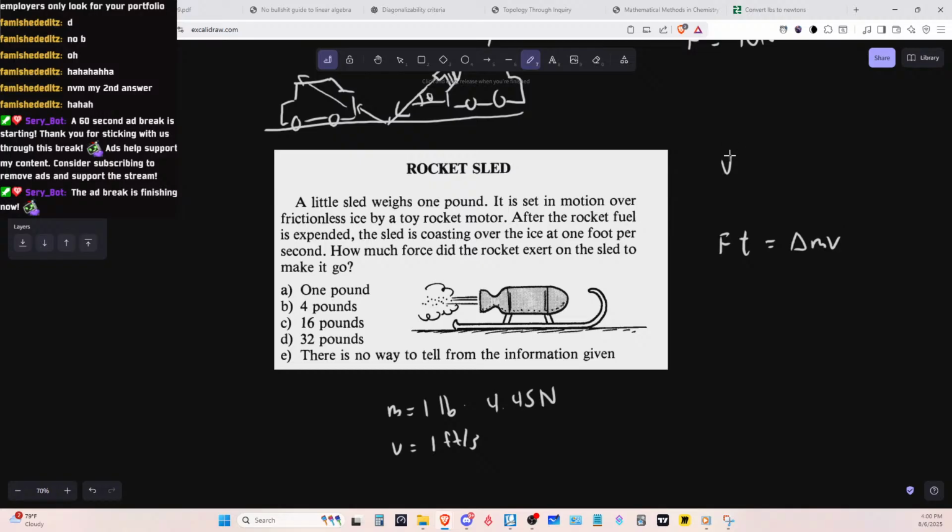What we can do is use this equation: acceleration to x, but we don't know what distance it traveled. The initial velocity will probably be 0, and the final velocity would probably be 1 foot per second.